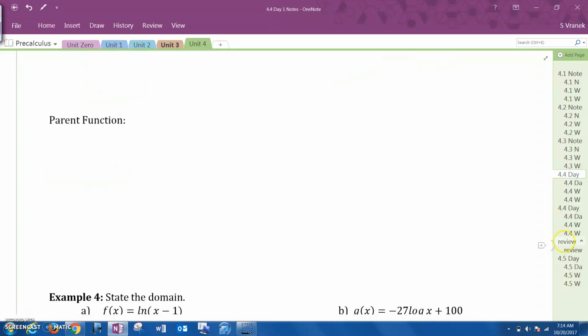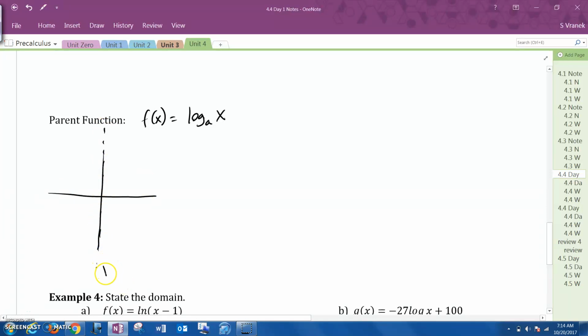Okay, so now we're going to talk about the parent function of a logarithmic graph. Again, when you rewrite it, it's log base a of x. The common points for this: there's now a vertical asymptote at x equals 0.